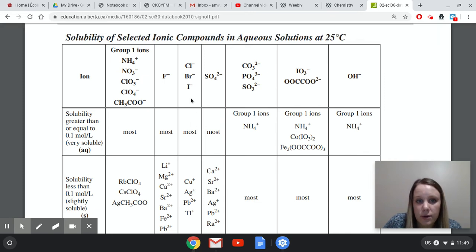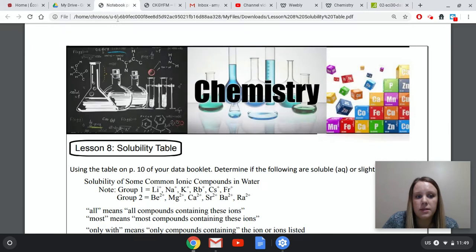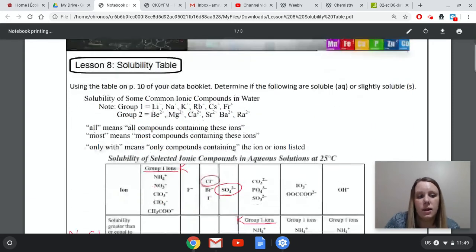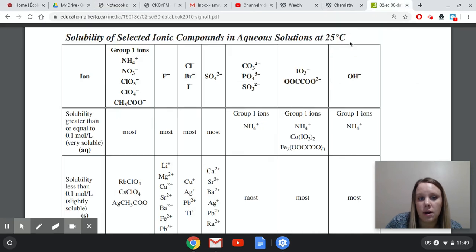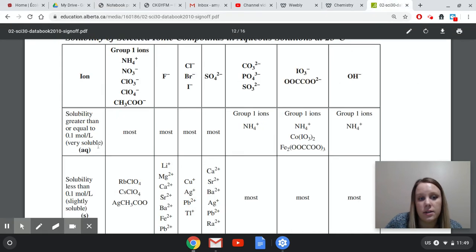So if I look straight down, I want to find sodium in this list, and I can't find it in any of the listed ions here. So that means it falls into this category, most. If we go back to the notes, it tells you that most compounds containing the chloride ion will be, in our case, very soluble.